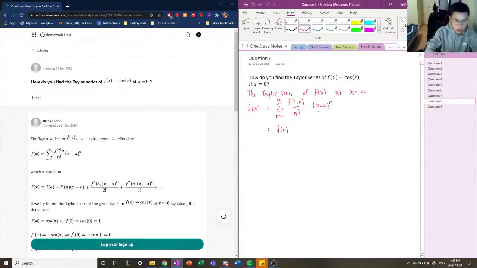So we just get f of a, plus f prime of a times x minus a, plus f double prime of a times x minus a squared divided by 2, plus so on. So that's how you define the Taylor series, and we're going to find it for cos of x at x equals 0.